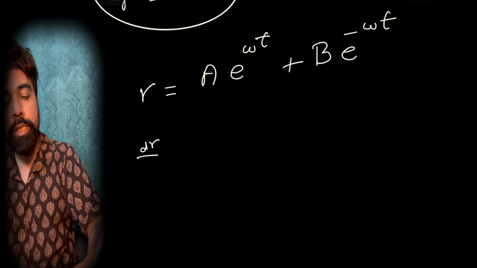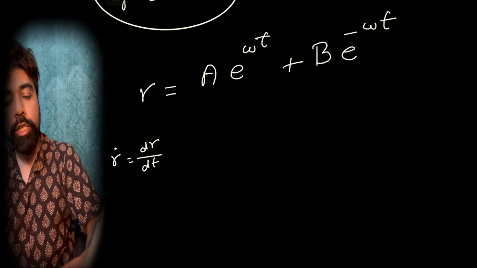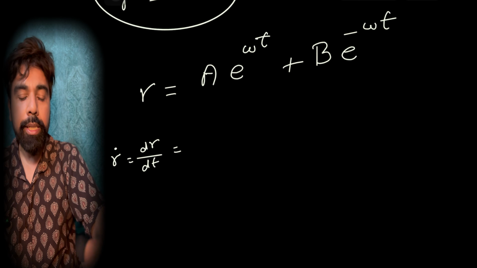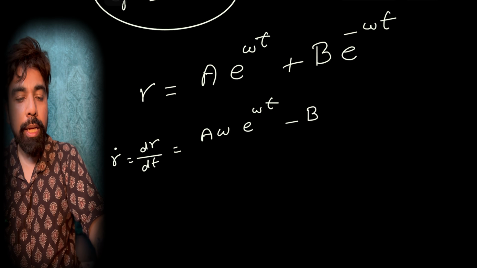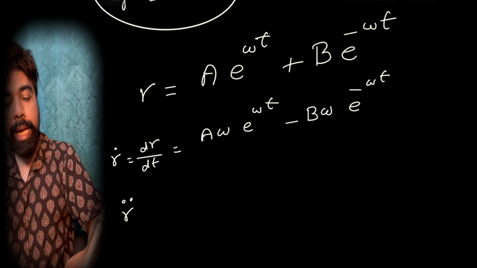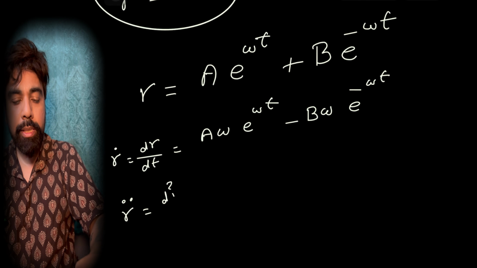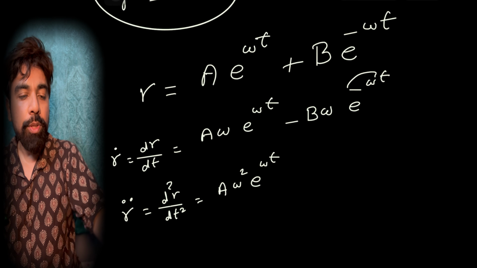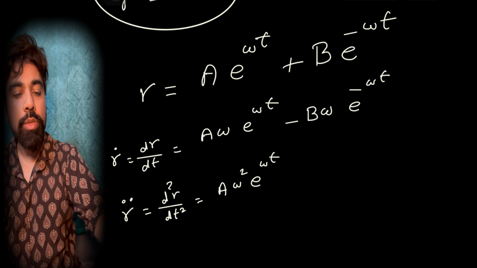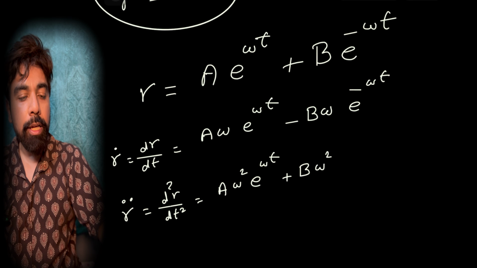So take a derivative of this. dr dt, that means r single dot. What will be the answer? a omega e to the power omega t minus b omega e to the power minus omega t. Now take again derivative, that means r double dot, d2r dt2. In this case you will get a omega square e to the power omega t, and minus b omega with a minus sign, minus omega, so it becomes plus b omega square e to the power minus omega t.